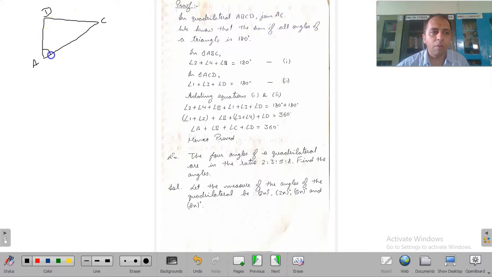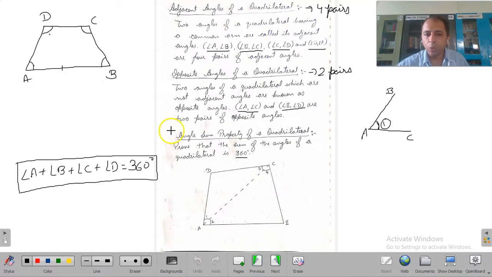The sum of the three angles of a triangle is equal to how much? 180 degrees. So in triangle ACD, angle A plus angle C plus angle D is equal to 180 degrees. In the same way, if we look at this quadrilateral, we have two triangles in this, triangle ACD and triangle ABC.